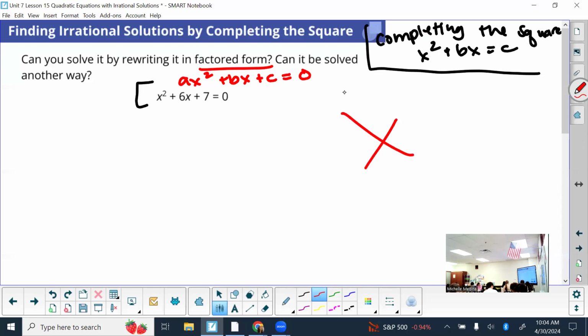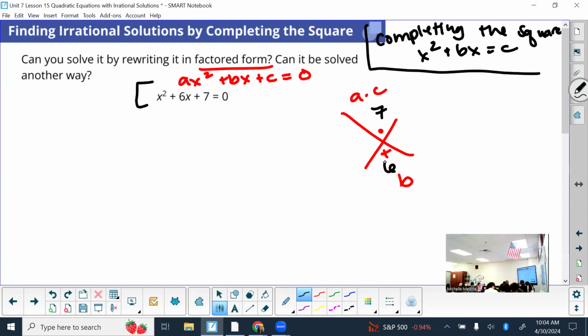method. So that's A times C on top, B on the bottom, thinking of two numbers that multiply to the top and add to the bottom. So in this one, my A times C, 1 times 7, is 7. And my B value is 6.